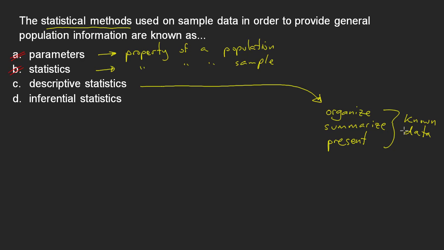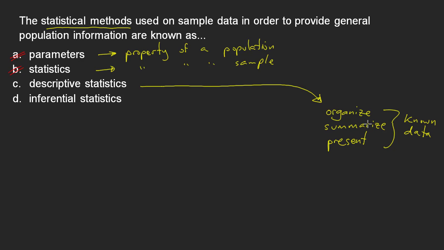So if I were to take a sample, let's say I were to take a sample of 100 students at university, and I asked each one of them to identify what their age is, something very simple, or maybe their GPA or something along those lines. I could organize that from highest to lowest. I could summarize that. Maybe I could make a table. How many people have a GPA of 3.0? How many people have a GPA of 4.0?